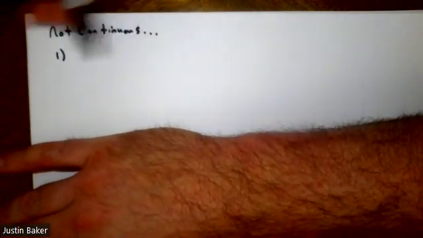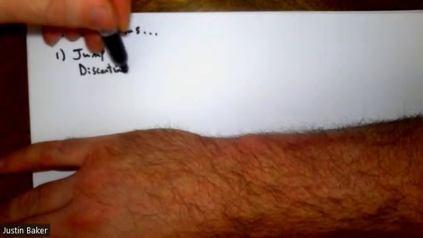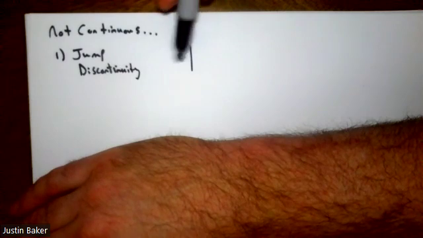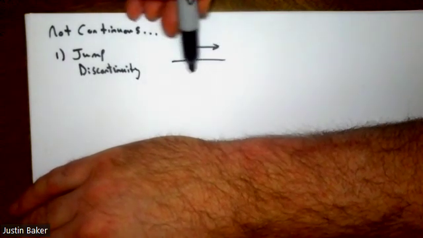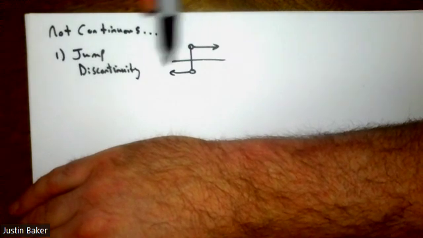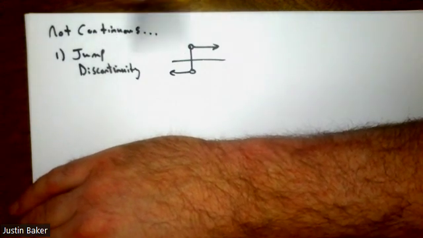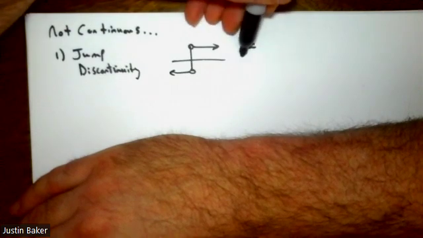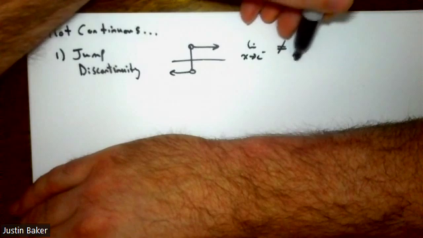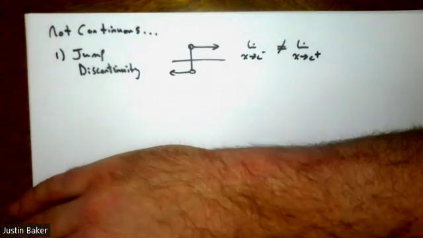The first one is called a jump discontinuity. Essentially, there's a jump in the graph. So go back to our broken ruler, the 2 of them going either way. A jump discontinuity essentially means the limit as x approaches c from the left does not equal the limit as x approaches c from the right.